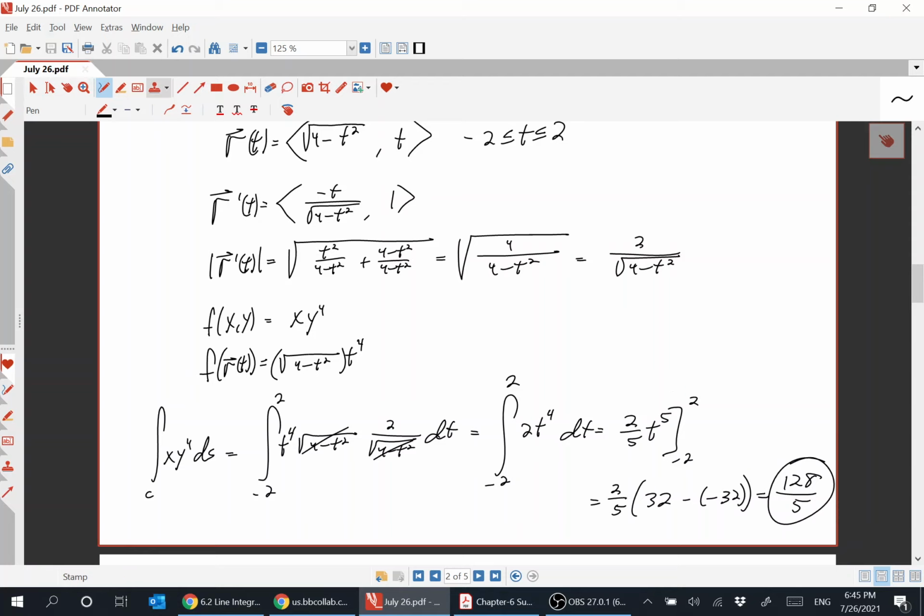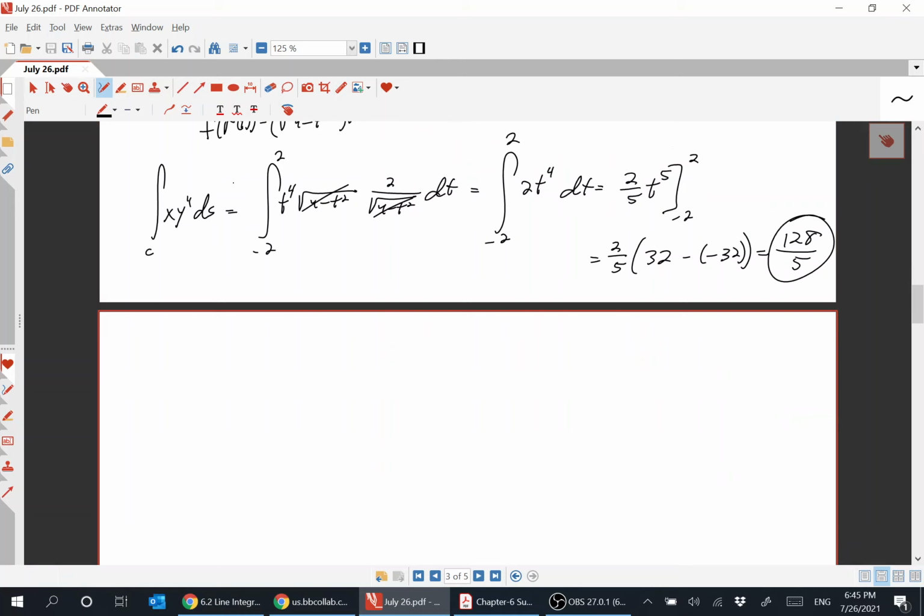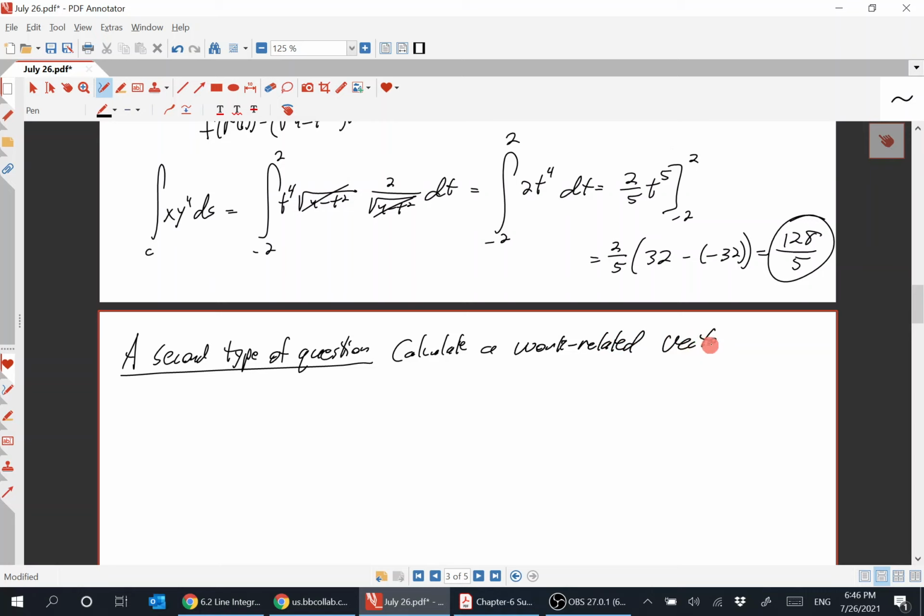Okay, one type of question. A second type of question: calculate a work-related vector field line integral directly, right?